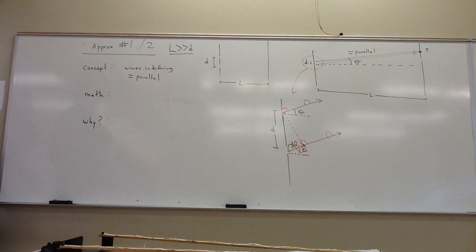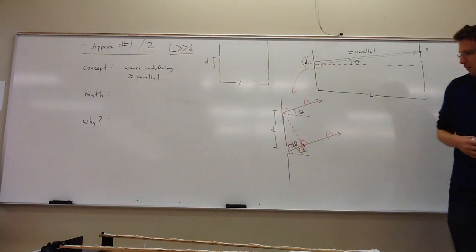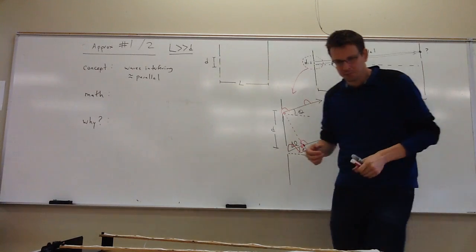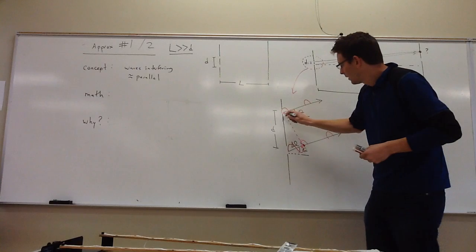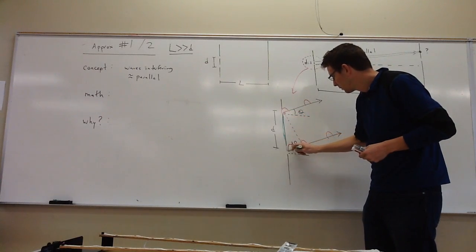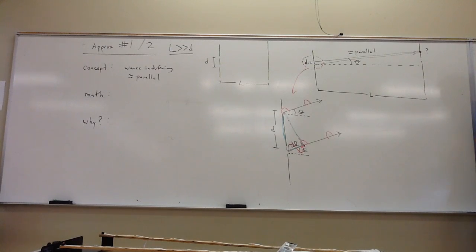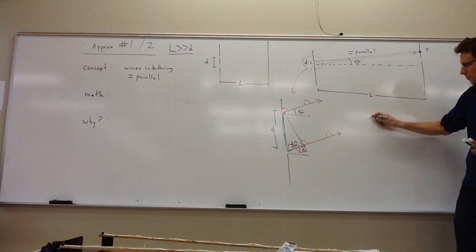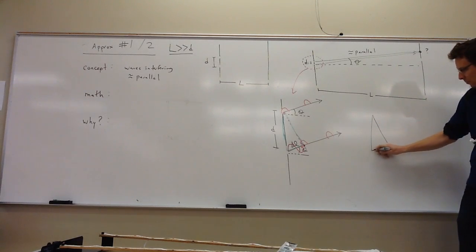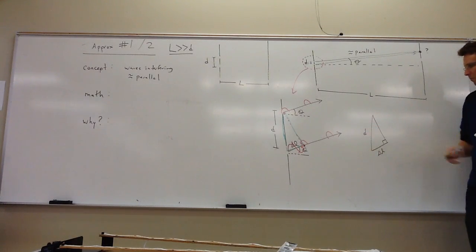It's all right there. And we can use geometry to figure it out by pointing out that this triangle right here, let me outline it so it's a little clearer, is a right triangle. Let me re-sketch it over here. So that's my right triangle. This is delta L, that's where the path difference is made. This is d.